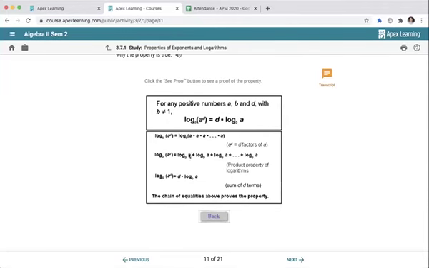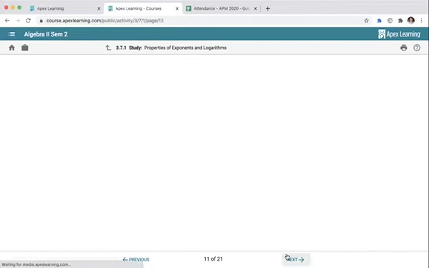When we add something together, all we're doing is increasing the coefficient value out in front. So we can simplify that by just saying d times log base b of a. This chain of equal expressions ends up proving why this expression here is true.